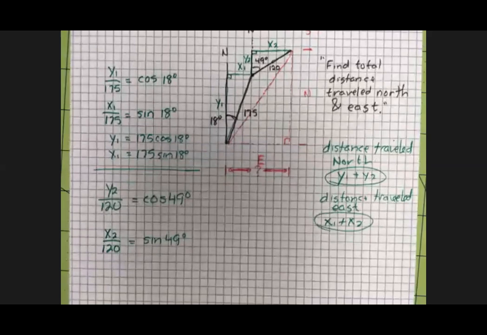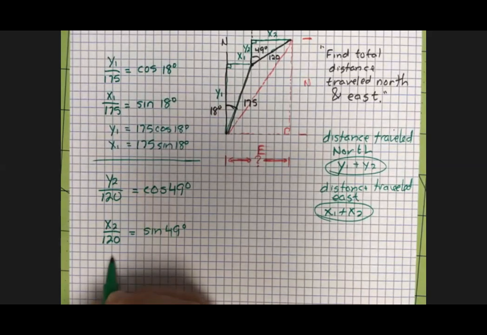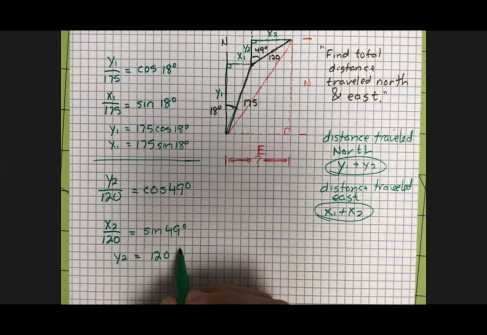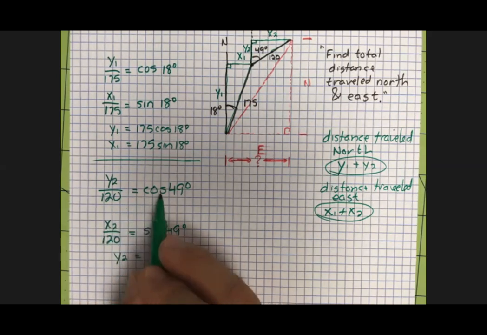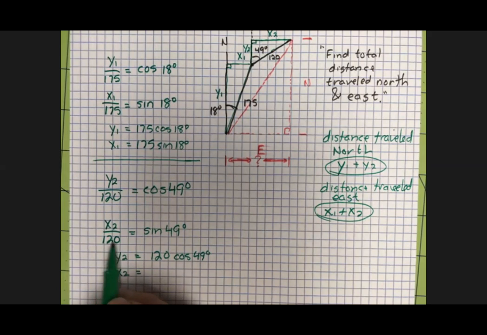That gives me y2 and x2. y2 then is 120 times the cosine of 49 degrees. x2 is 120 times the sine of 49 degrees.